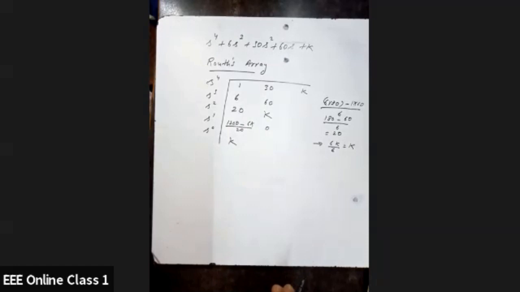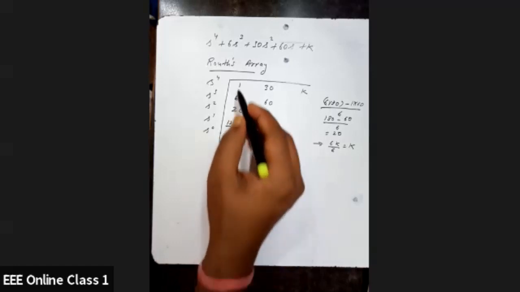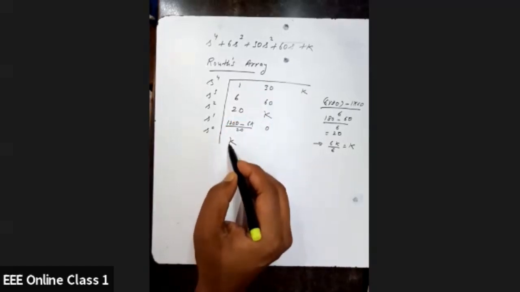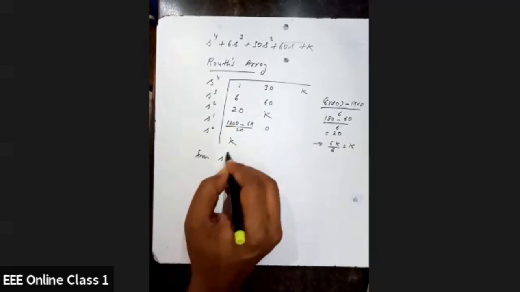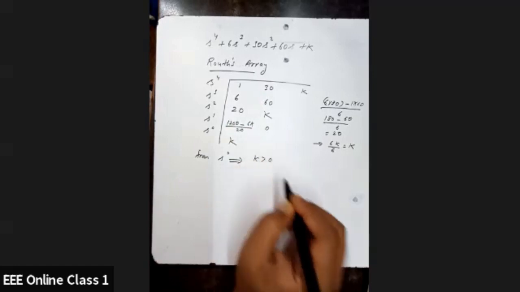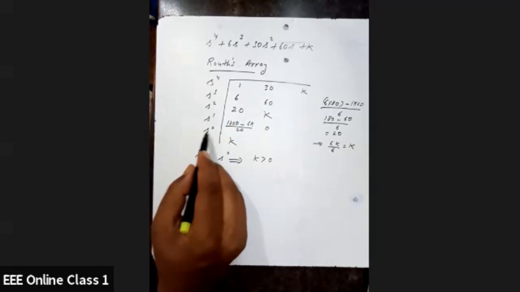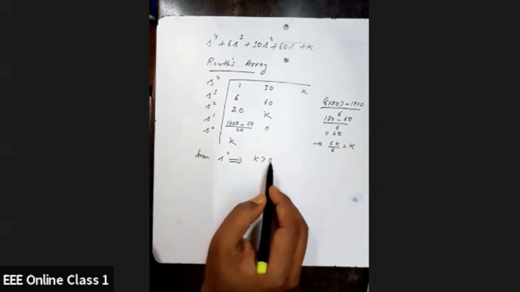Now we know that if the system has to be stable, then all the elements of the first column of the Routh array have to be greater than 0. So from S0, it implies that the value of K should be greater than 0.